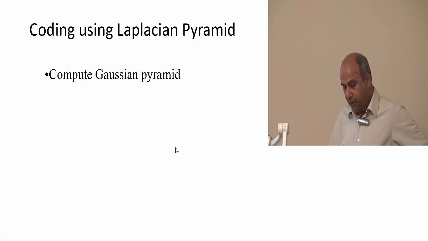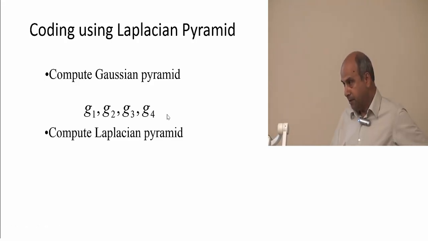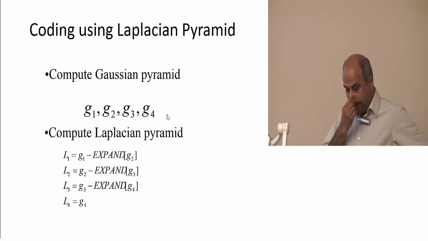So what we are going to do, we will compute a Gaussian pyramid of the image we want to compress. This is the Gaussian pyramid, this is the original image, and these are different levels of the pyramid. Then from there we will compute the Laplacian pyramid, as we talked about.